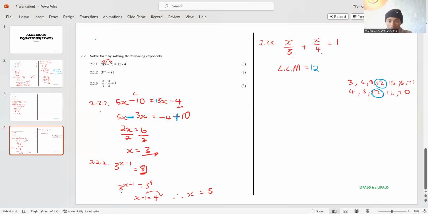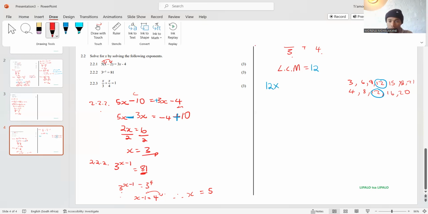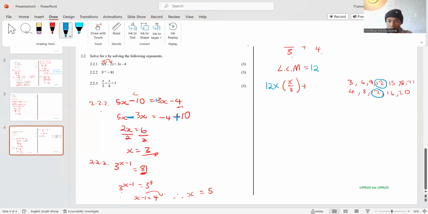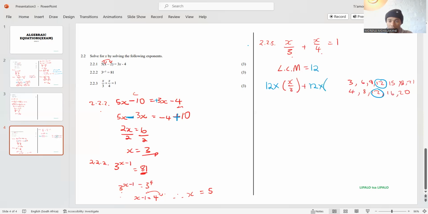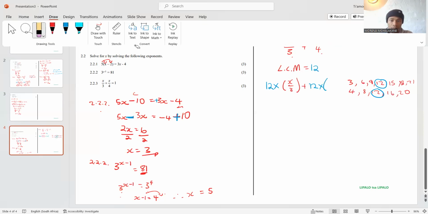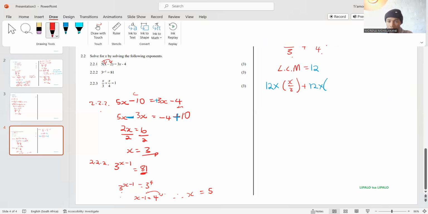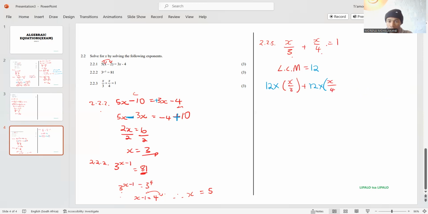I multiply everything by the 12. 12 multiplied by x over 3 plus, again, 12 multiplied by x over 4 equal to 12 again multiplied by 1. I multiply everything by 12.